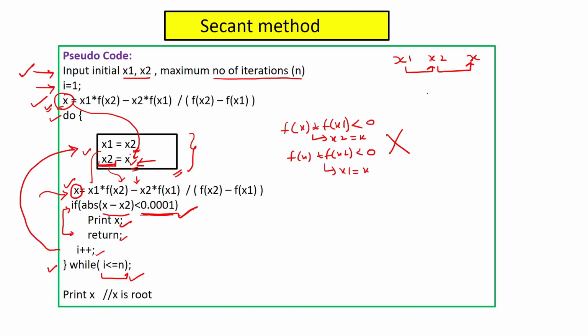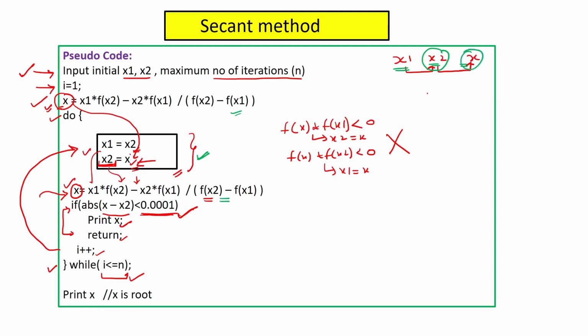So now we will be moving to the next iteration. And before coming to the next iteration, we have said that we are using x2 and x for our next process. First, we have x1, x2, then we found the value of the x also from this thing. And after that, we just changed x1 and x2. So these become my new x1 and x2.